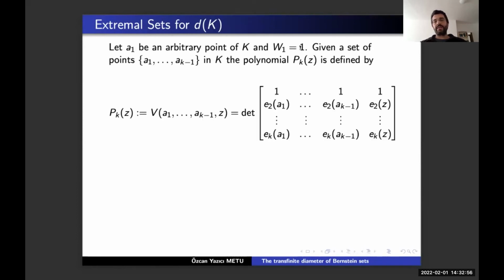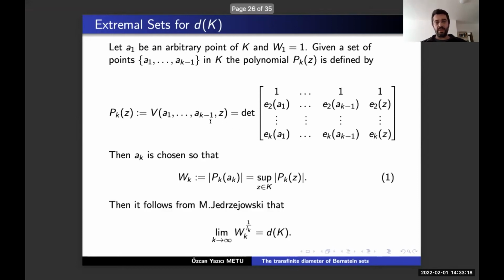We construct these extremal points inductively. Let's say we're given these k minus 1 points in the compact set K. Then we define a polynomial p_k(z) by this kind of Vandermonde determinant. All right, so this is a polynomial in z.